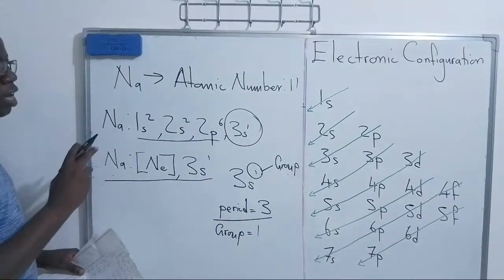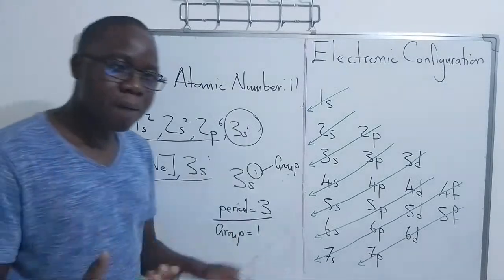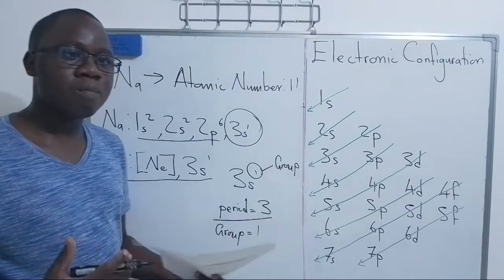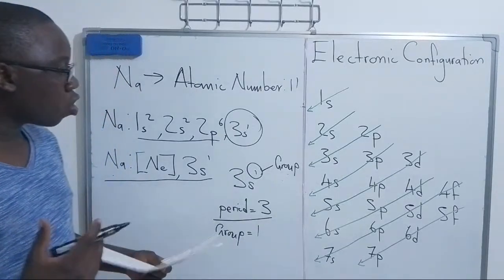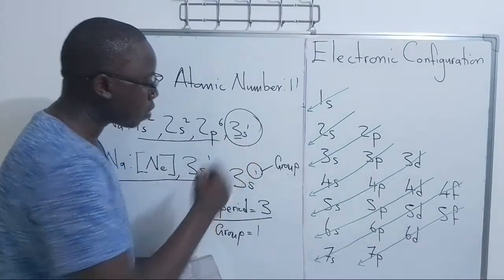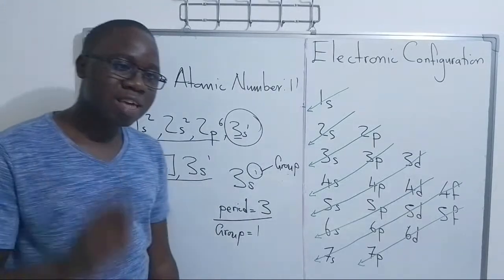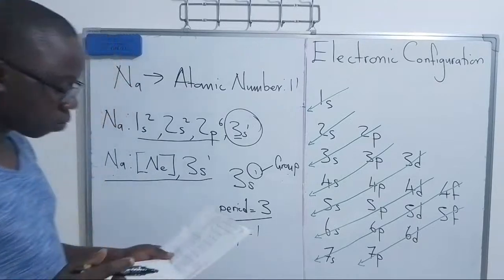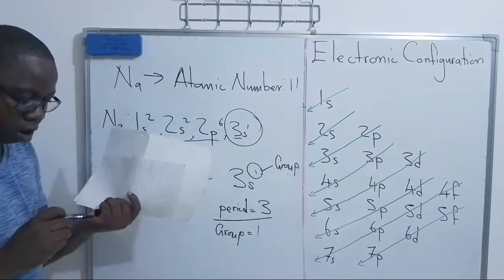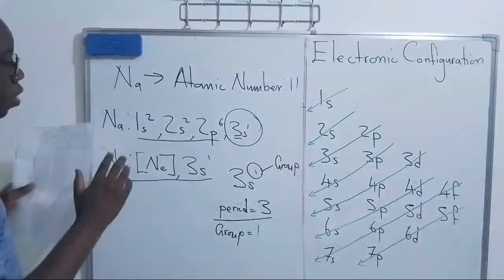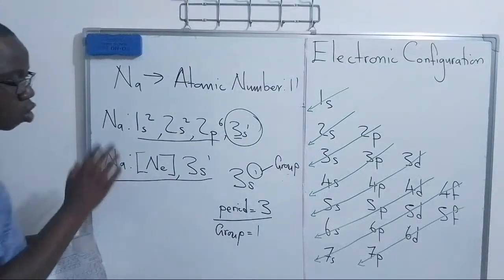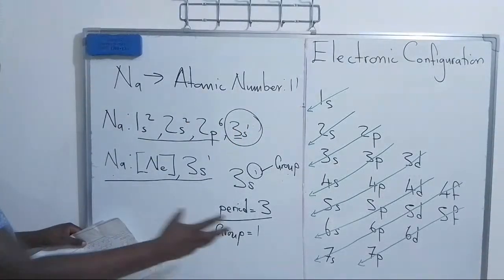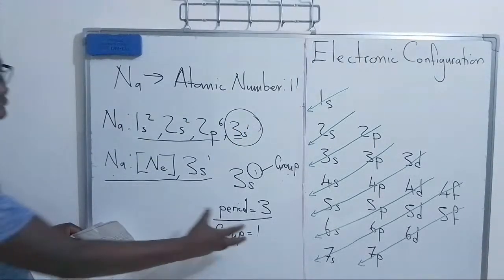So you can get the number of electrons and interpret them as the group, and also the principal quantum number tells you the period in which the element is. So we have seen how we can write the compressed electronic configuration of sodium, also the normal electronic configuration, and the information we can get from this.